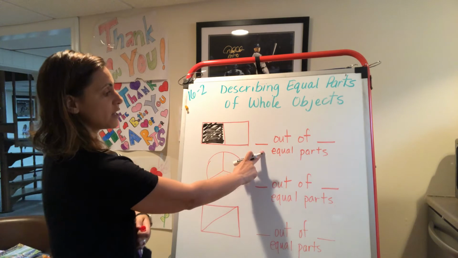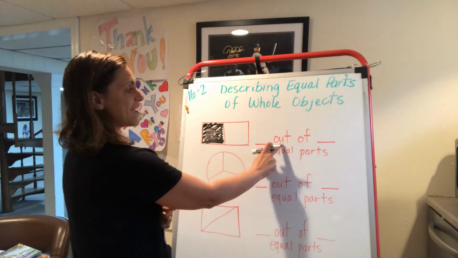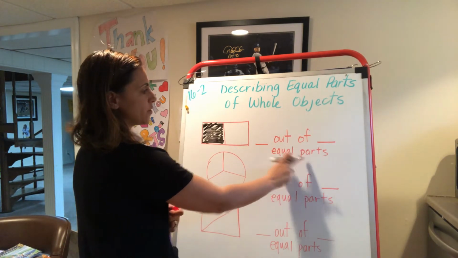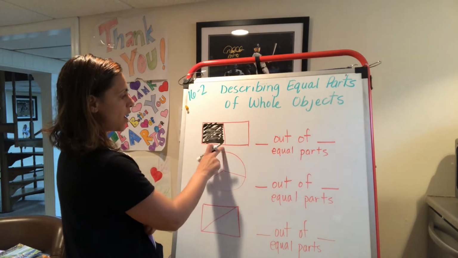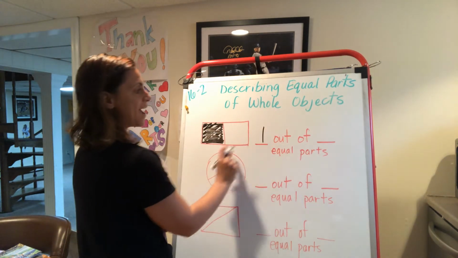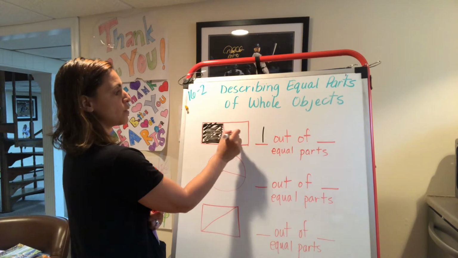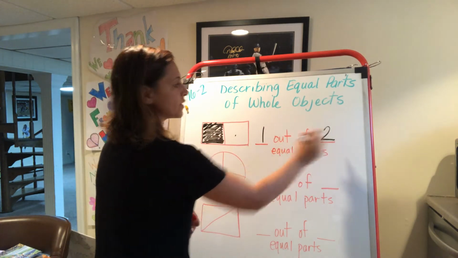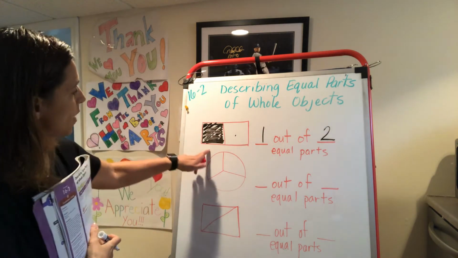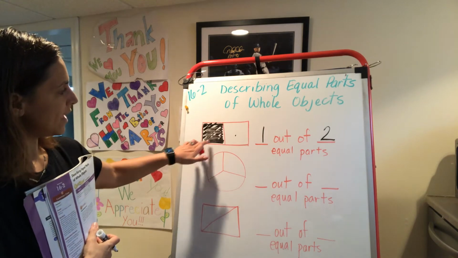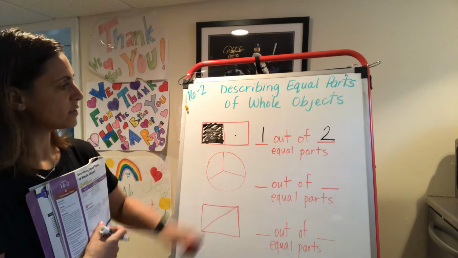And then you're going to fill in the numbers. So it says blank out of blank equal parts. Well, 1 out of the 2 equal parts is shaded. So that means 1/2. 1 out of 2 equal parts is shaded.